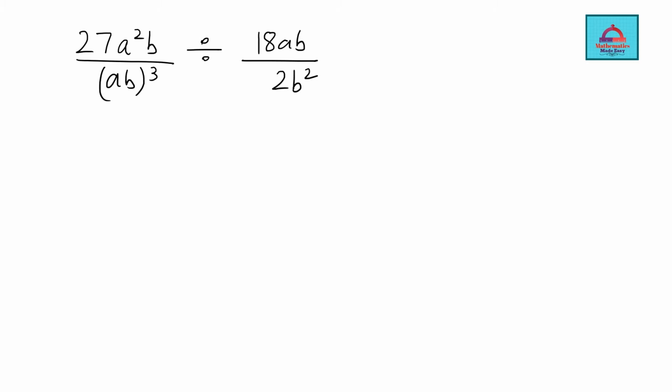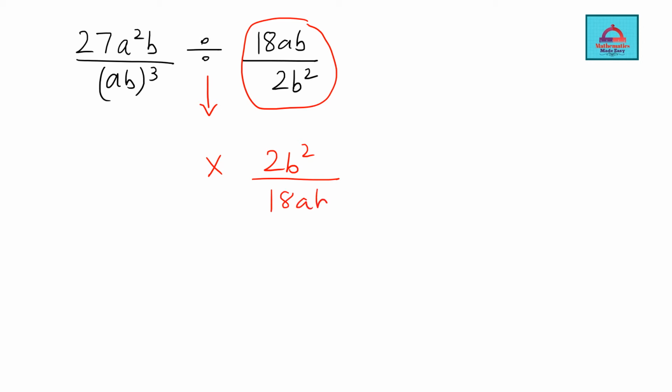So step 1 would be to change division to multiplication and take the reciprocal of this. So 2b square comes up, 18ab goes down. 27 a squared b. Now here ab whole is raised to the power 3, so it can be written as a cube b cube, so that it is easy to simplify.